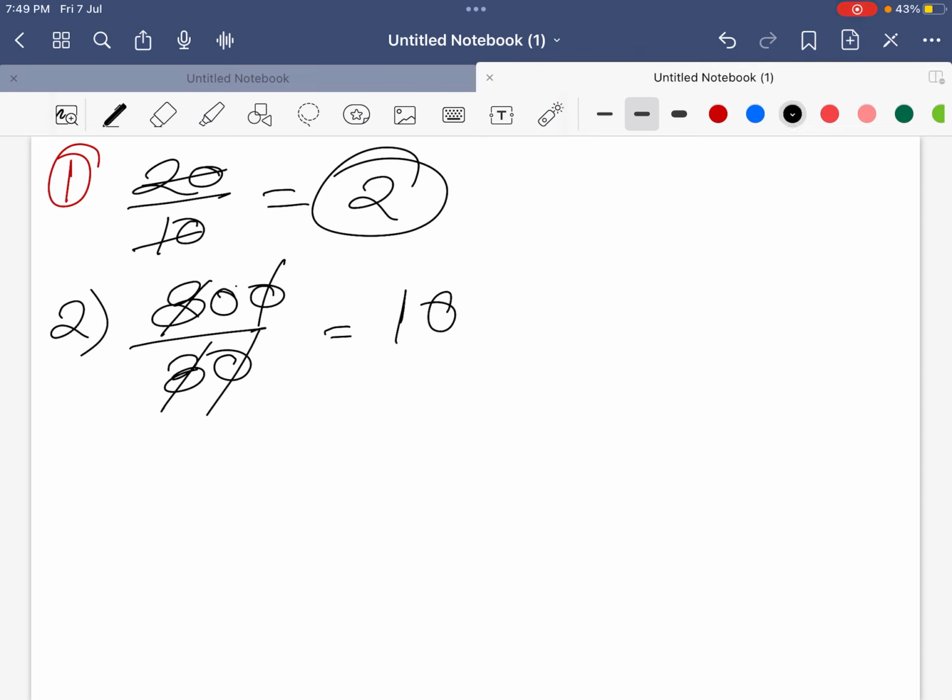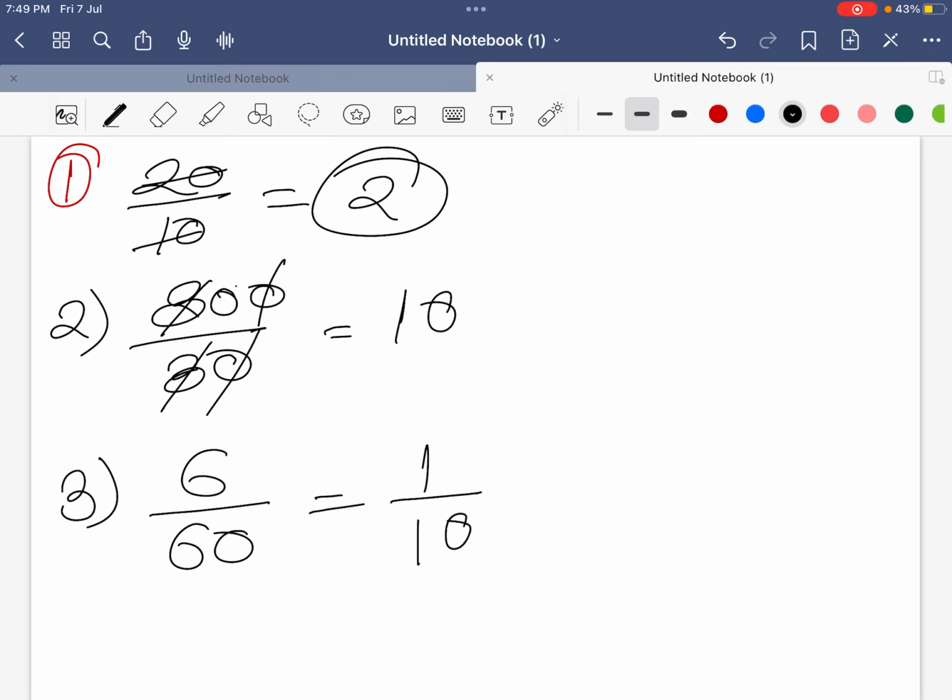Next, now just reverse this, divide the smaller number by the bigger one. So write down the third example: 6 divided by 60. We know that 6 ones are 6, 6 tens are 60.